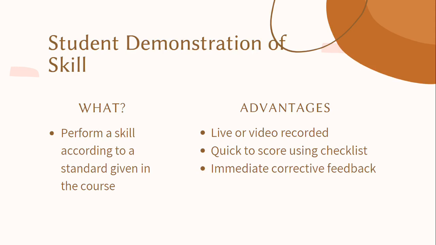Now, what are the advantages of this? Well, it could be live or video recorded, and it is easy to check or to score because you have this checklist and you are just going to mark, and you can give a corrective feedback right away. And also, it involves the peer so that they can provide feedback.